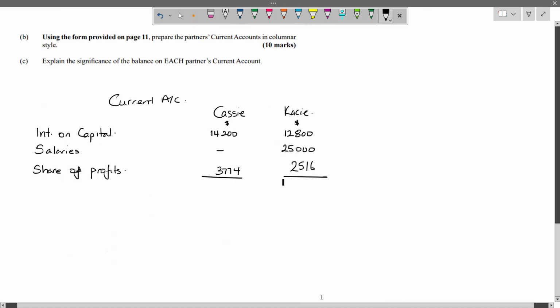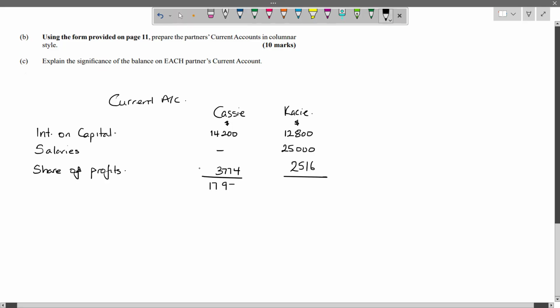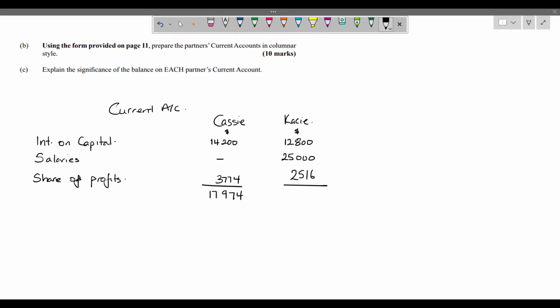All right. Let's just grab the calculator quickly. 14,200 plus 3,774 plus 0, 17,974. $12,800 plus 25,000 plus 2516, 40,316.